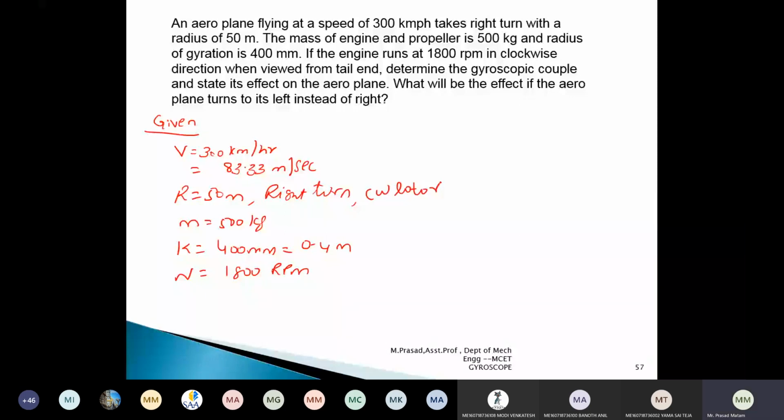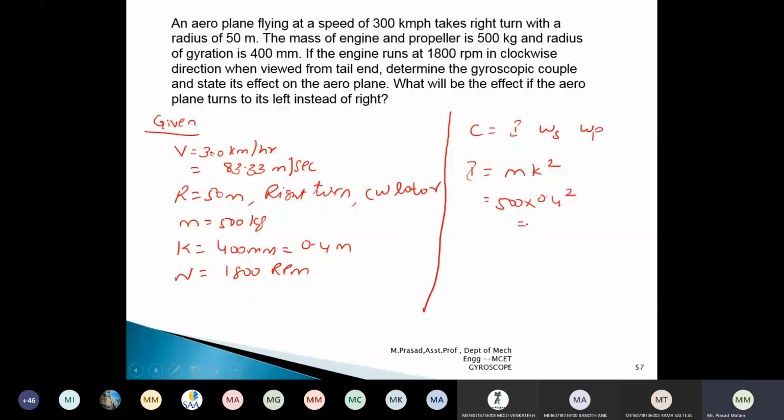So for this problem, your aim is to find the gyroscopic effect and also the gyroscopic couple. Let us solve from here. What is the couple formula? C equals I omega s omega p. I equals m k squared. Mass is 500 kg, k is 0.4 squared.